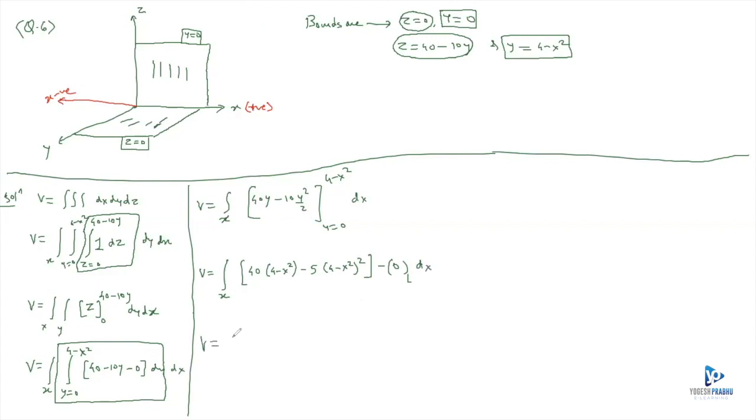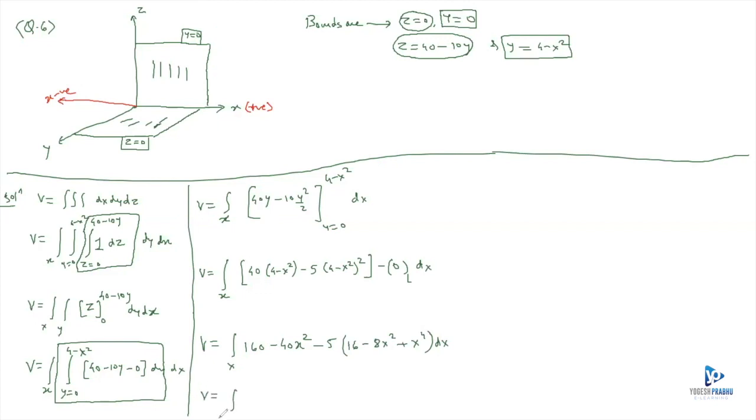V equals integral x. 14 times 4 is 56. Actually 4 times 4 is 16, so 160 minus 14x squared, minus 5 times (4 minus x squared) squared. There's no other way you can do this. So 16 minus 8x squared plus x to the 4, dx.